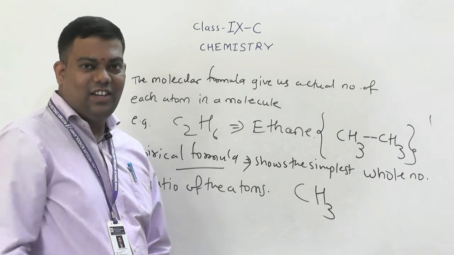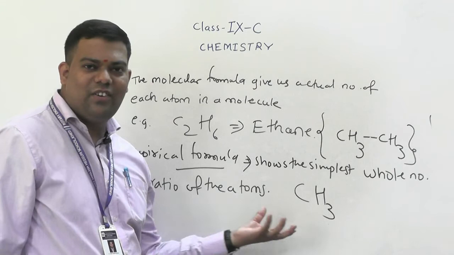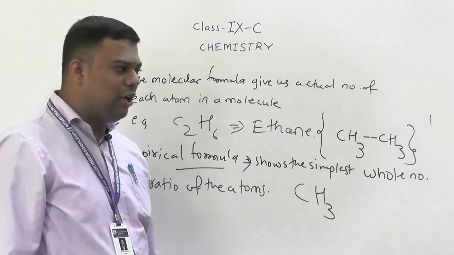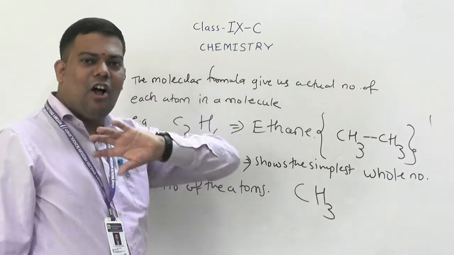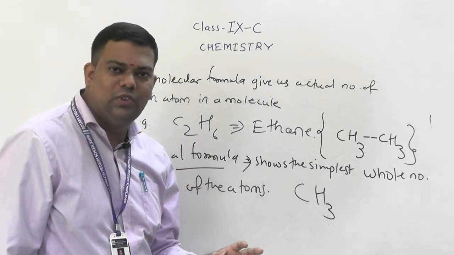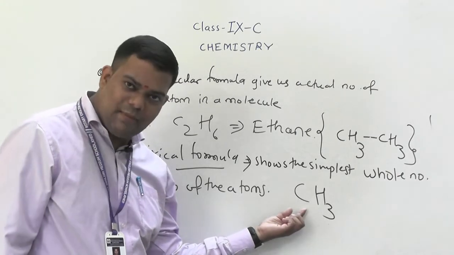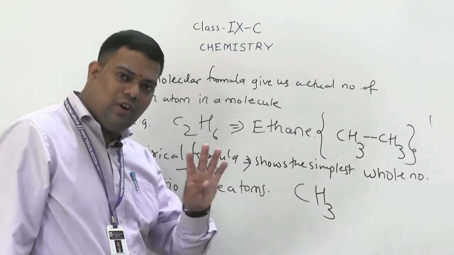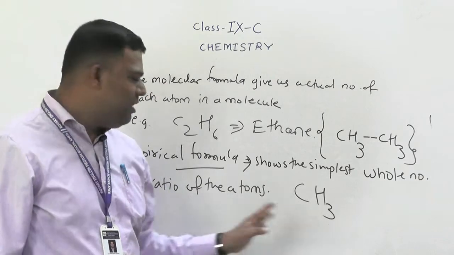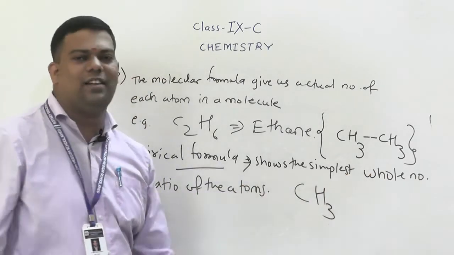Here the molecule is not correctly defined, because if we apply carbon valency and hydrogen valency, it will not be fulfilled. Carbon has valency 4, but here 3 only. So the empirical formula shows the simplest whole number ratio of those atoms.